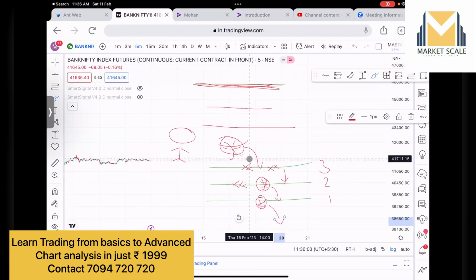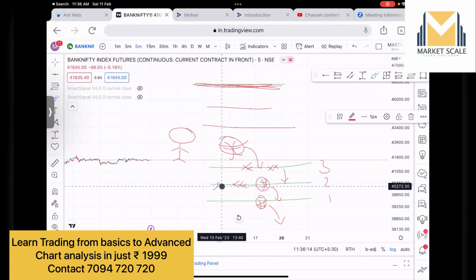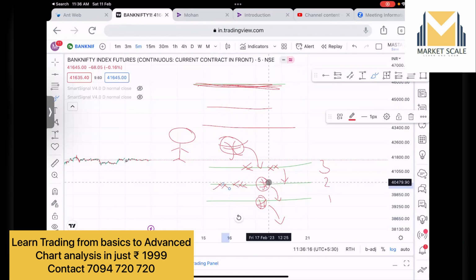But if the ball loses some force at the second floor and does not have the potential to break it, and the second floor is very strong, the ball will bounce back to the third floor.